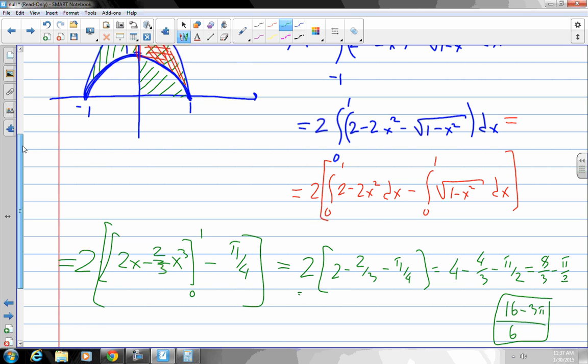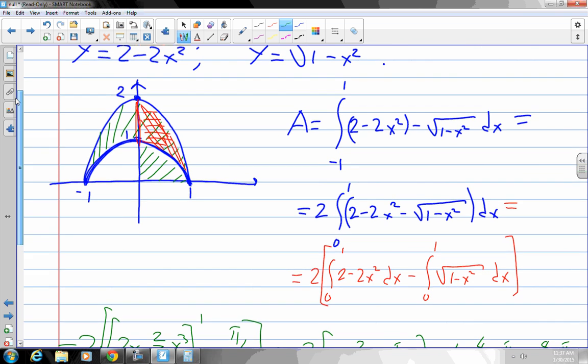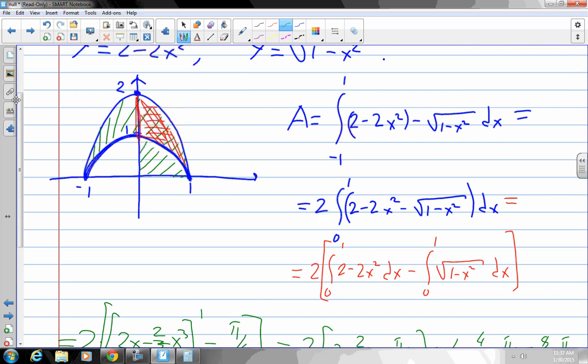Where do you think the location of the centroid, where's the x value of that point? What do you think? 0, right? It has to be on the y-axis. Would you agree with that? Since the whole thing is symmetrical with respect to the y-axis and the weight is distributed uniformly, the moment is 0. It's already going to be balanced along the y-axis, right? So the x location is 0.